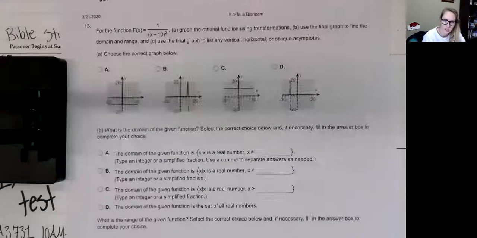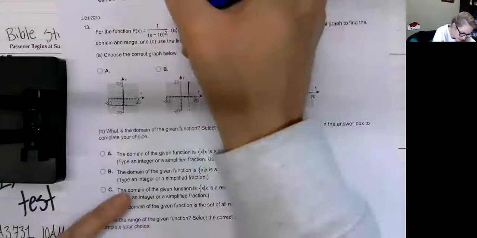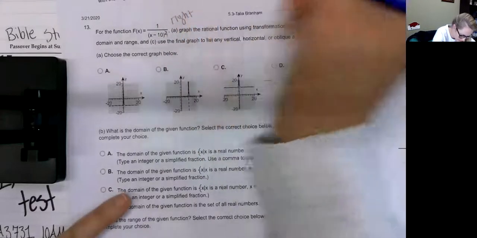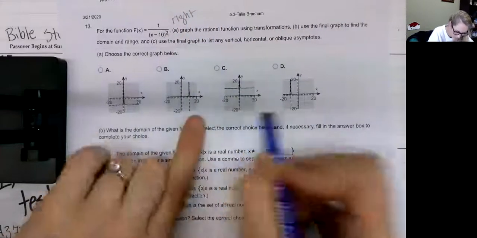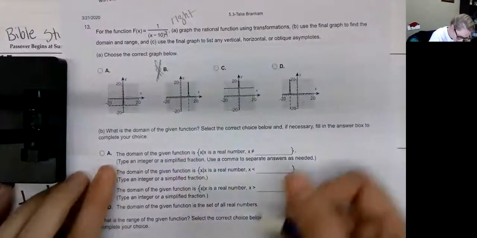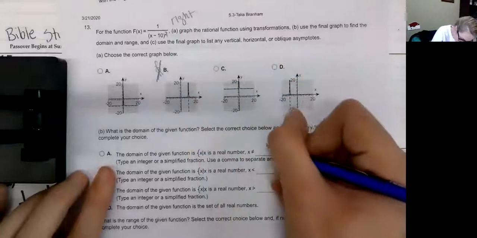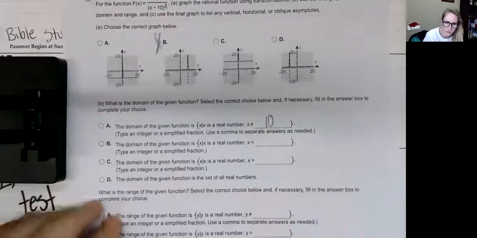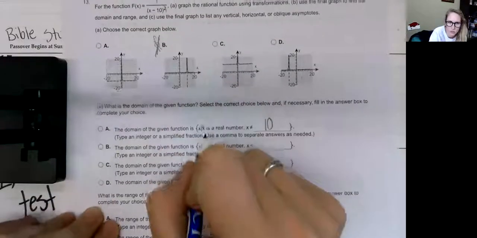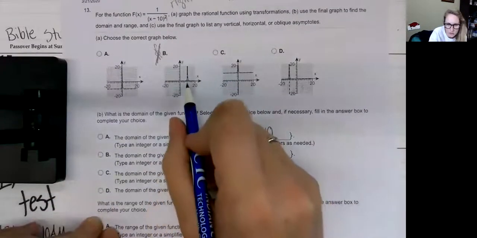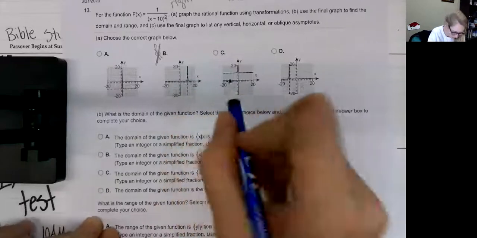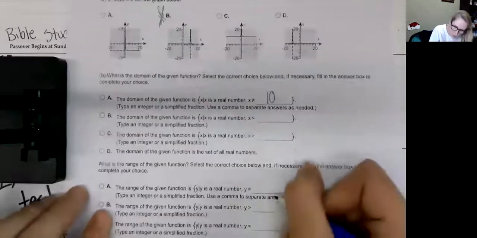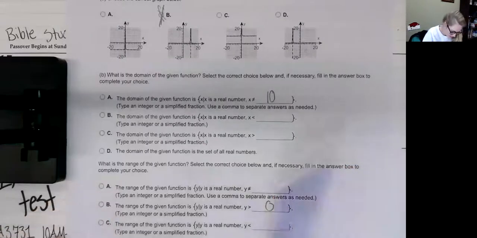For the function 1 over x subtract 10, remember it's opposite world when it's on the inside, so this is right, down, right, up, left. It cannot equal +10. Then our range, same thing, so it's greater than 0.